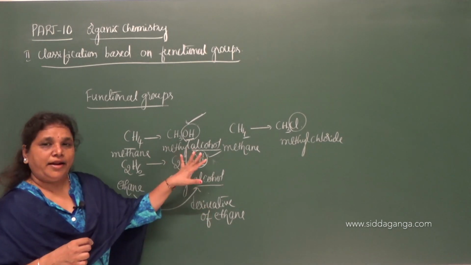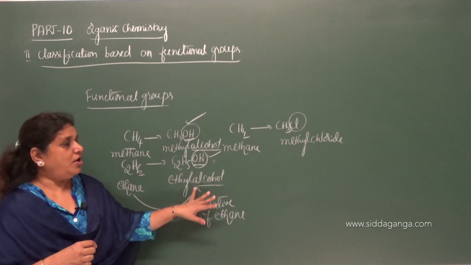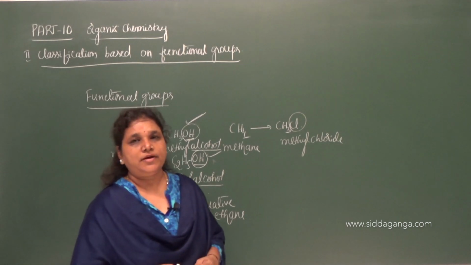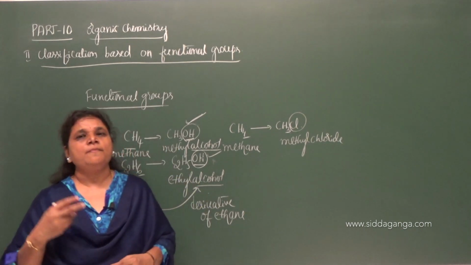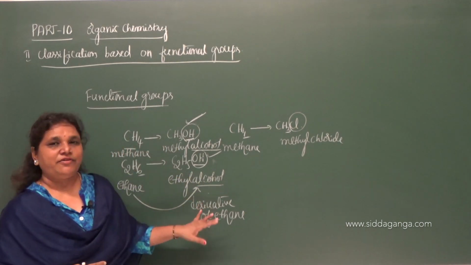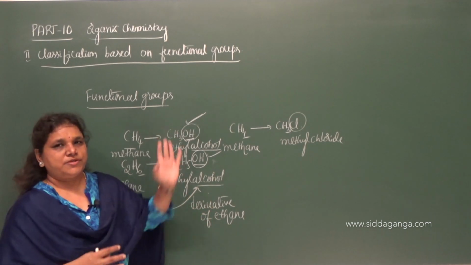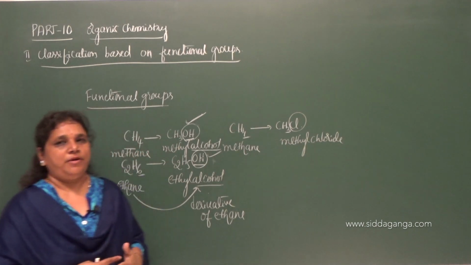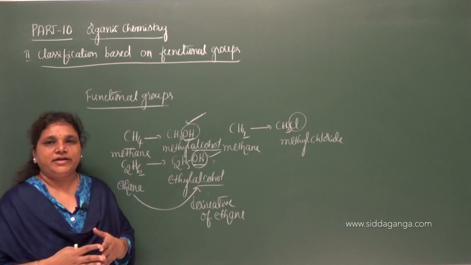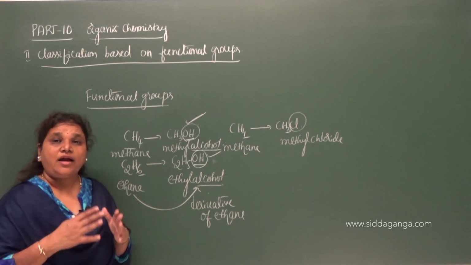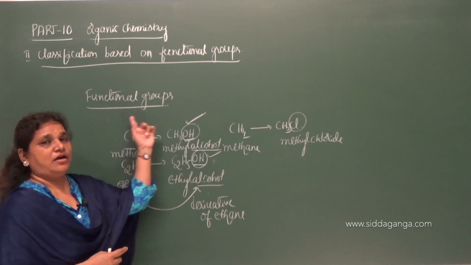Complete properties means both physical and chemical properties of a given organic compound, so they are called functional groups. It may be a single atom or it may be a group of atoms. If it determines the property of that particular organic compound, that group is called a functional group.